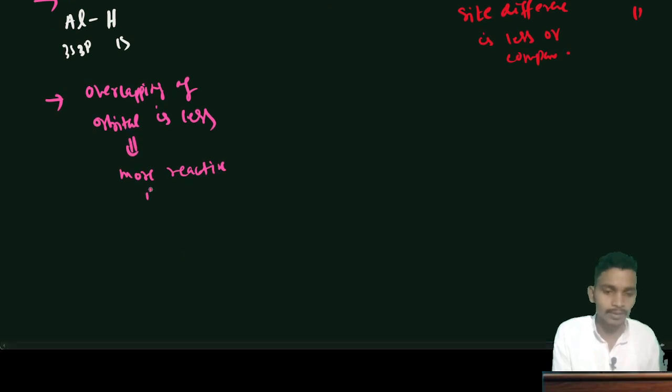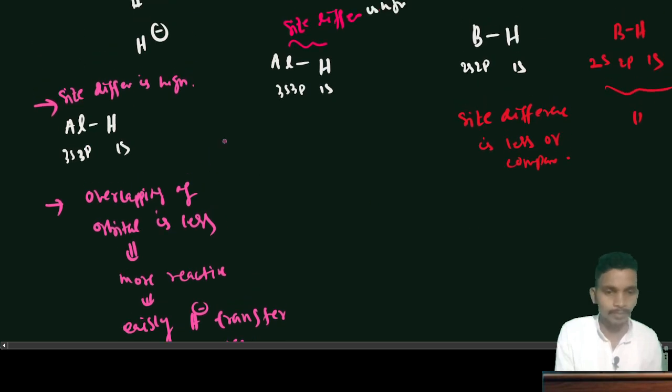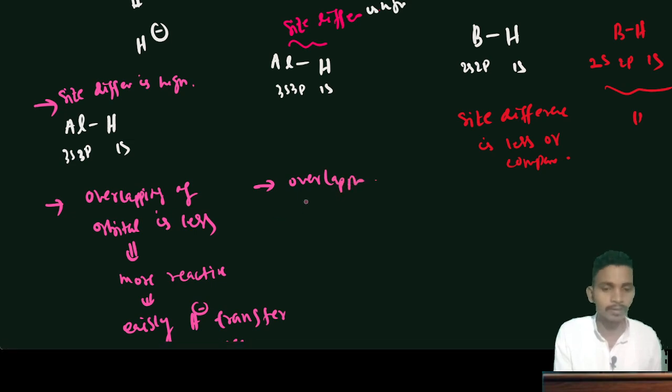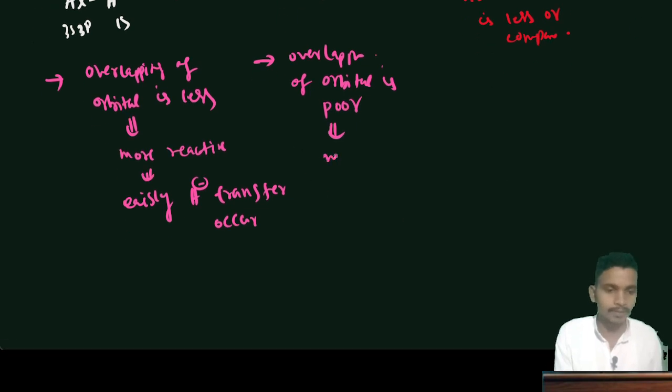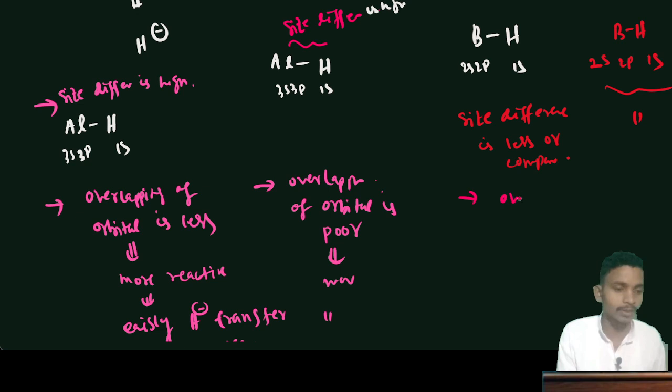It means hydride transfer occurs easily. Same thing here also, with the Al-H bond, the overlapping of orbitals is poor, so this is also more reactive, and hydride transfer occurs easily. But in this case, the overlapping is good compared to this. So the overlapping is good.